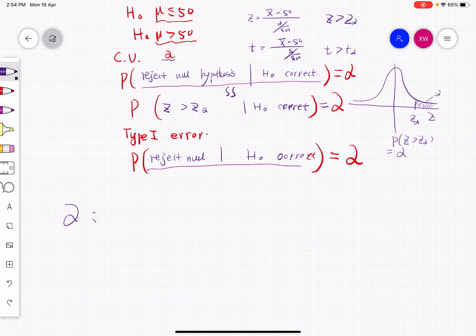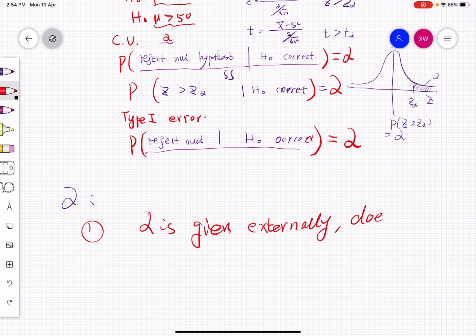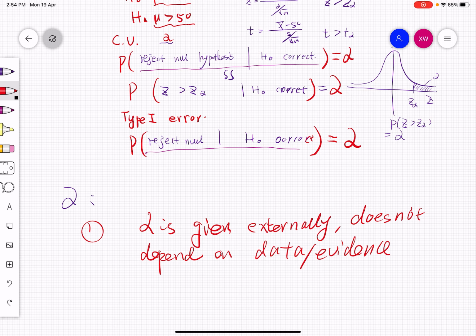Now, let's make a summary about alpha. The first thing you need to know about alpha is that alpha is given externally and does not depend on data or evidence. No matter what data you have, alpha is given externally.